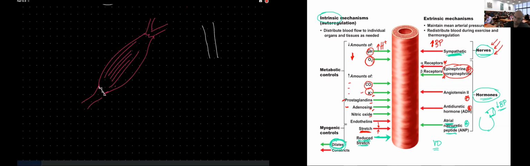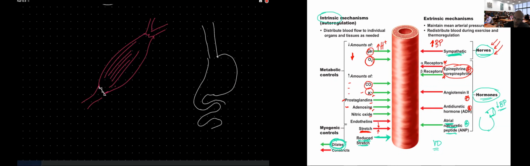So in case of fight or flight, I want the blood to be shifted towards my skeletal muscles, for example, away from my gastrointestinal tract.